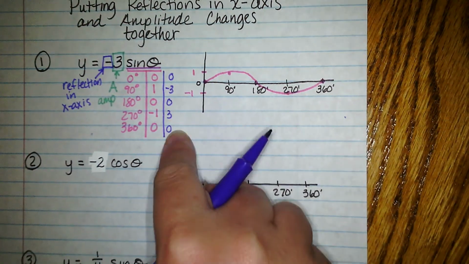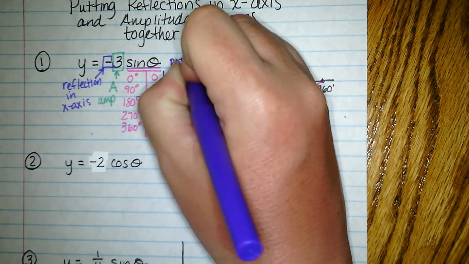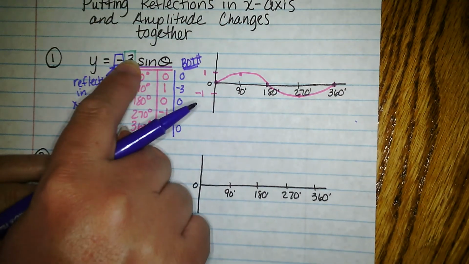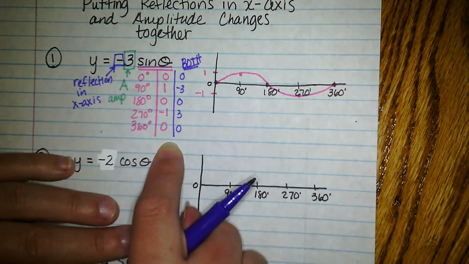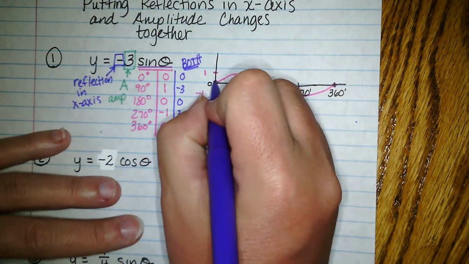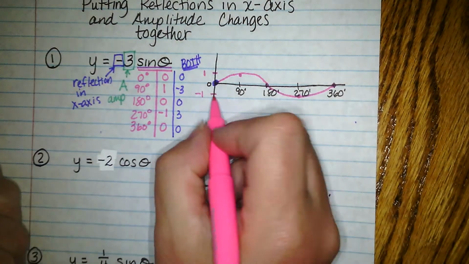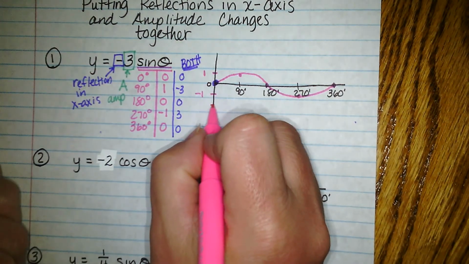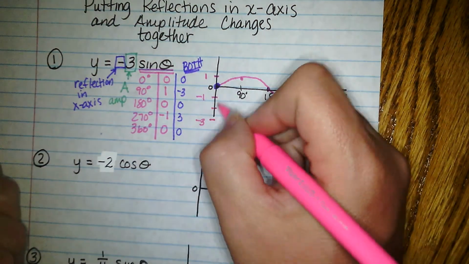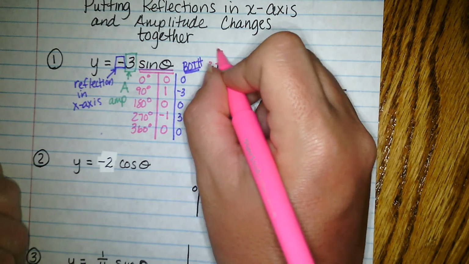All right, this is going to be both transformations together, taking that negative and that 3 and multiplying it by these normal outcomes. So that means I would have to start at 0 like this one, but then go down to -3. So if I'm at -1 here, let's go -2 here. Let's do -3 here. And then we have to go 1 and then 2 and then +3 up here.